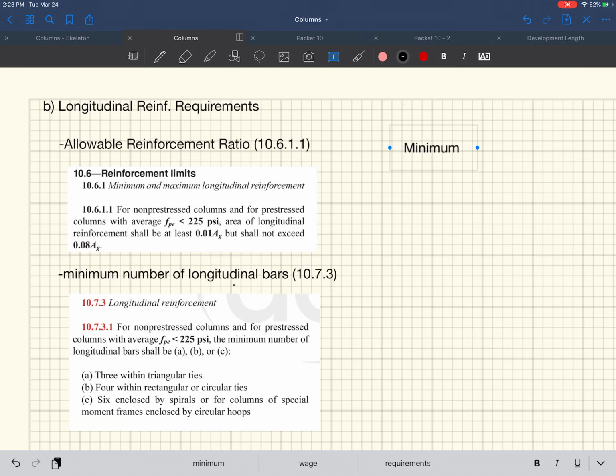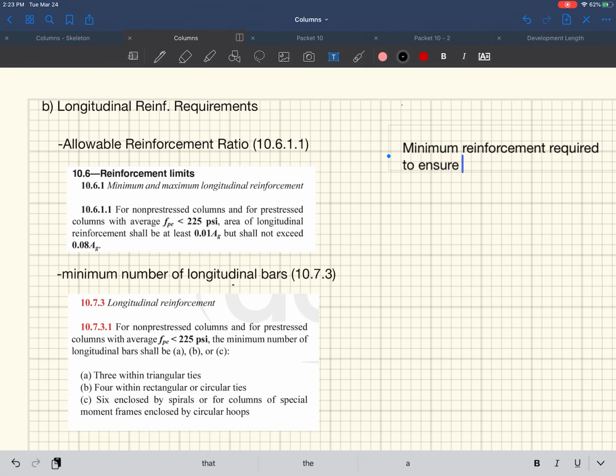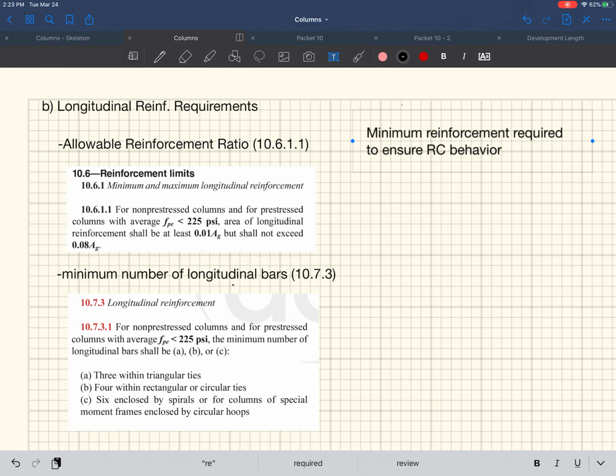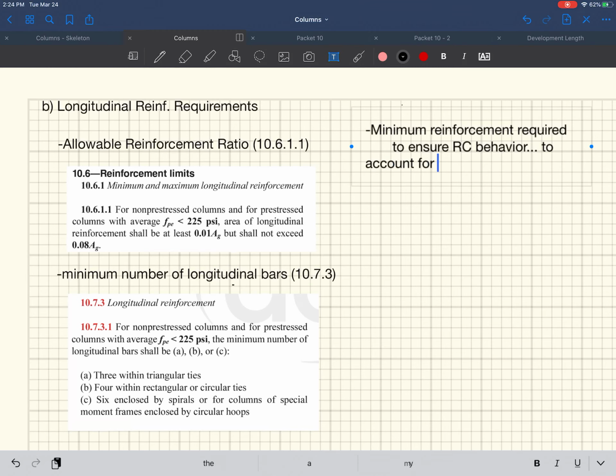But the code says you have to use a little bit of reinforcement, required to ensure reinforced concrete behavior. I think that's specifically what the code says about why that minimum is there.